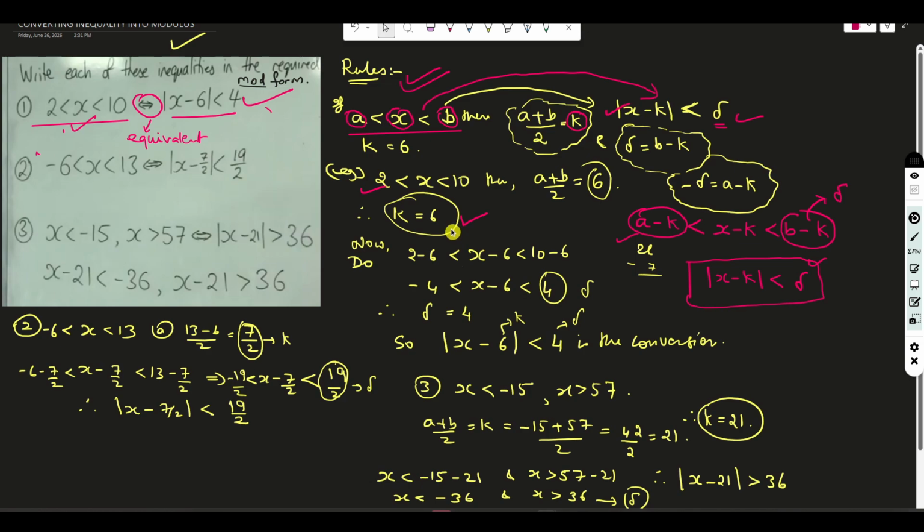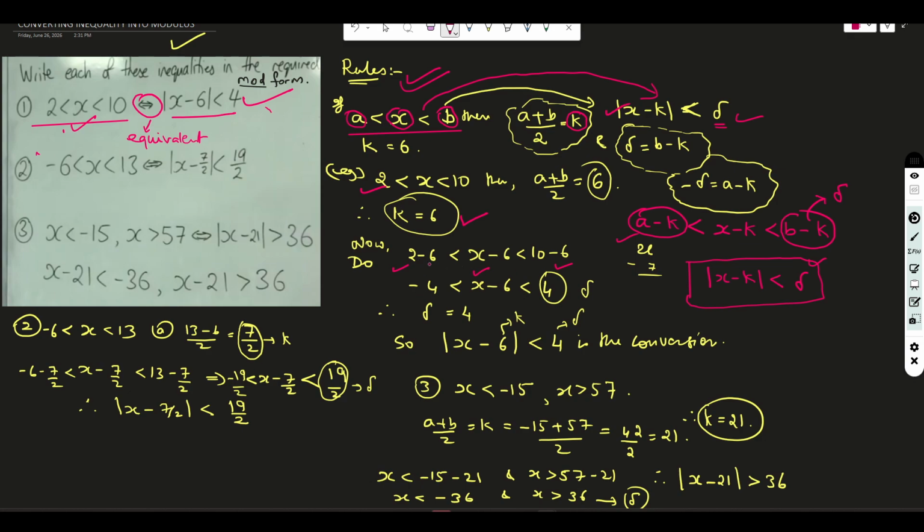Step number 2, as I told you, this k, which you got as 6 in this case, you have to subtract from all the three terms. Can you see here? From 2, I have subtracted 6, and without changing the inequality sign, from x I have subtracted 6, and in the last term, from 10, I have subtracted 6. So from all three terms I am subtracting the same value, 6, which I got for k.